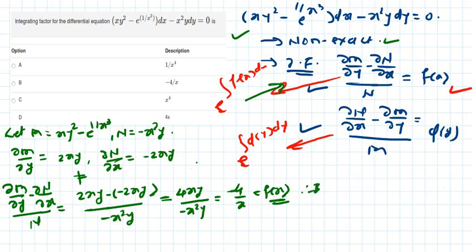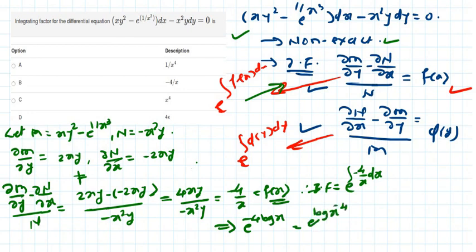Therefore the integrating factor will be e raised to integration minus 4 by x dx. So this will be e raised to minus 4 log x, which is e raised to log of x raised to minus 4, which implies x raised to minus 4, that is equal to 1 by x raised to 4. So option number 1 is right.